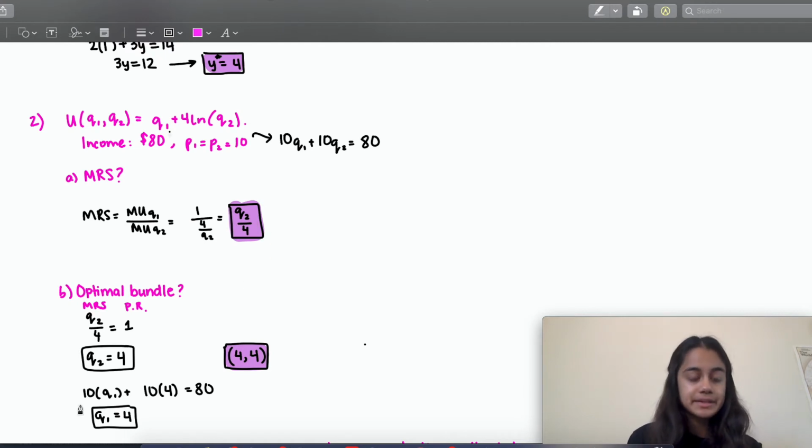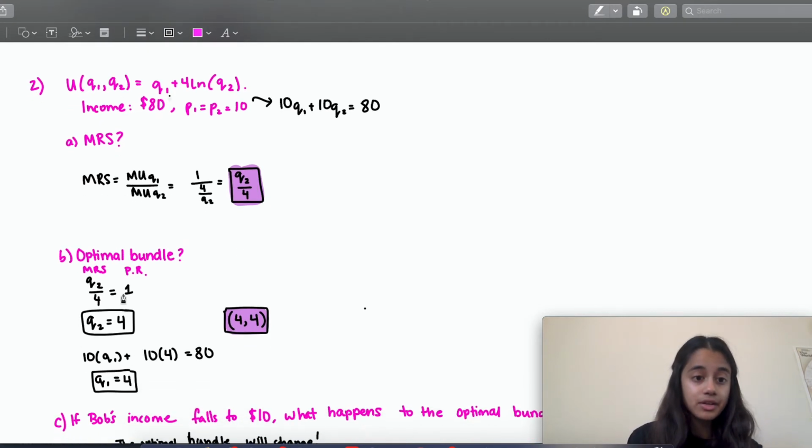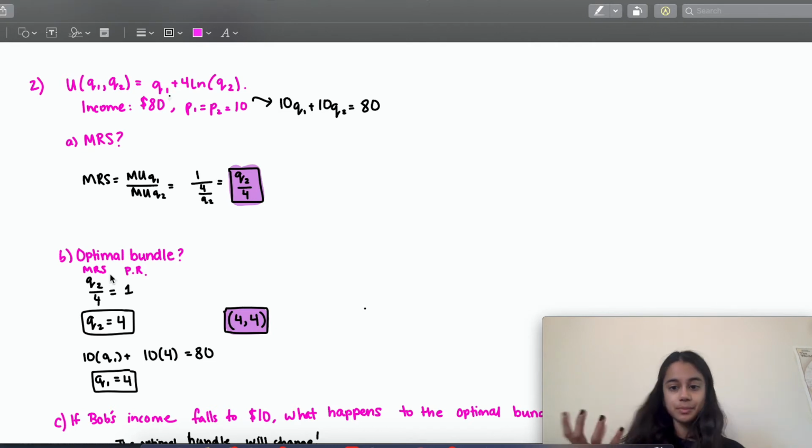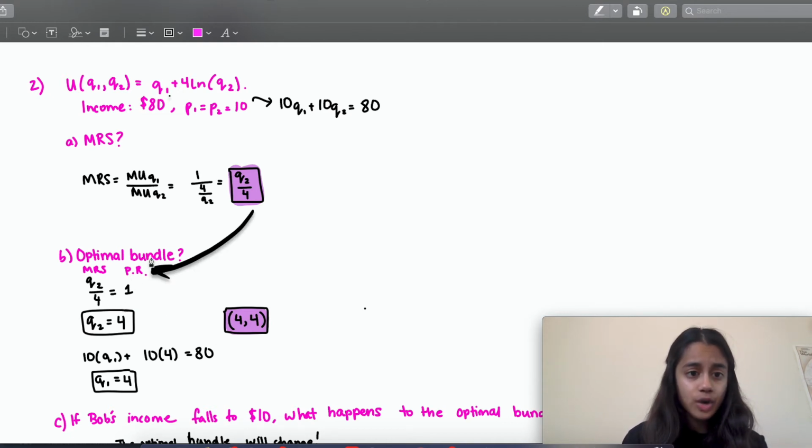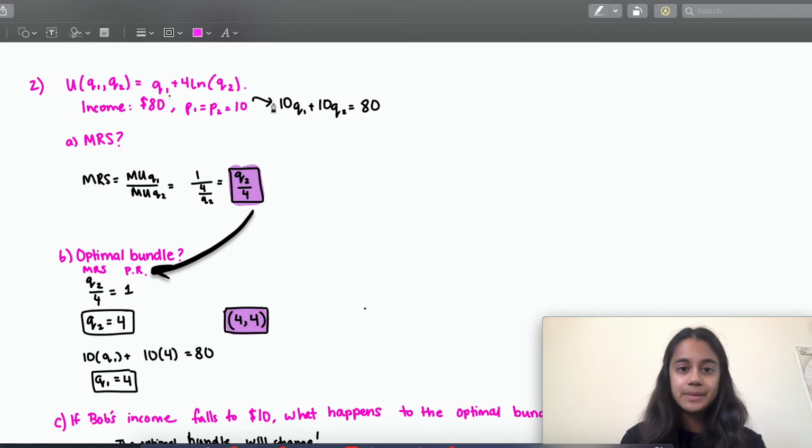That's our MRS. Our optimal bundle here is, right, MRS is equal to price ratio all the time. So I bring that Q2 over 4 is equal to our 1. Where did I get that 1 from? It's because our P1 is given as 10, P2 is given as 10, so it would just be 10 over 10, right? And that's our 1.